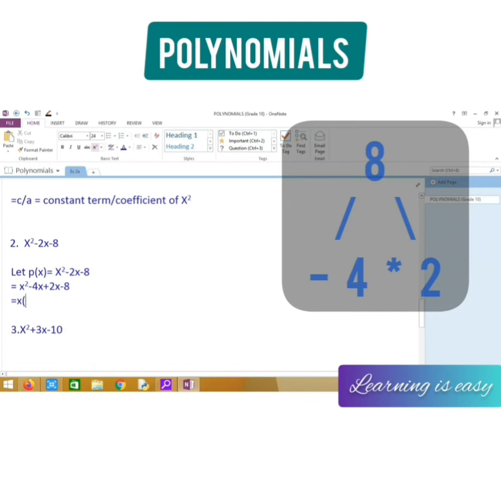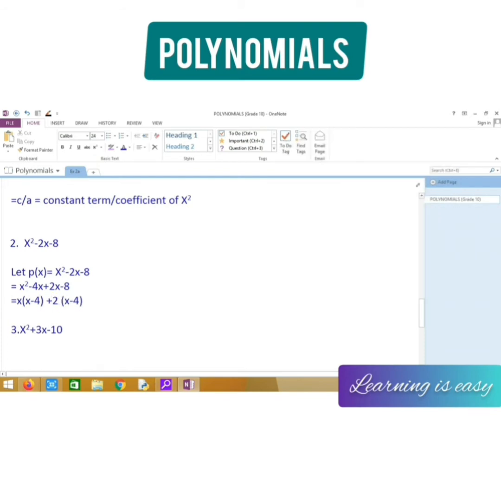So taking x out, x minus 4, and the other factor is x plus 2. So x plus 2 and x minus 4 equal to 0. So the value of x is either minus 2 or plus 4.